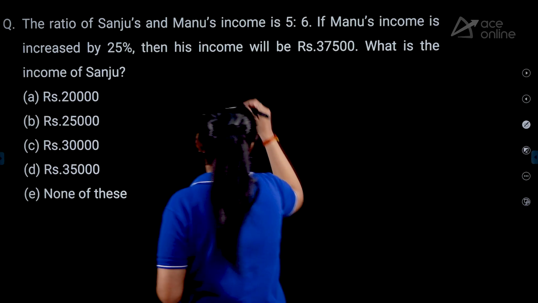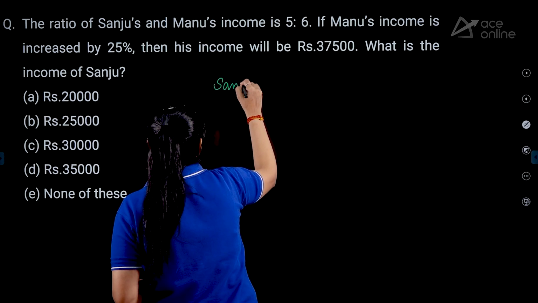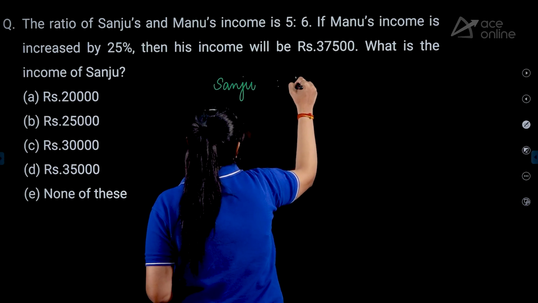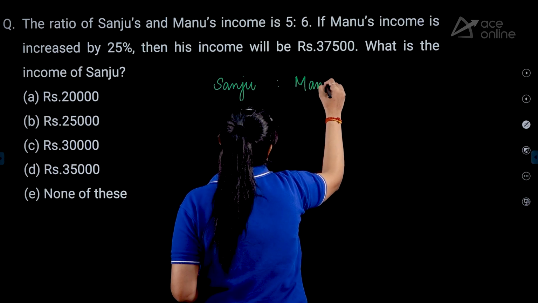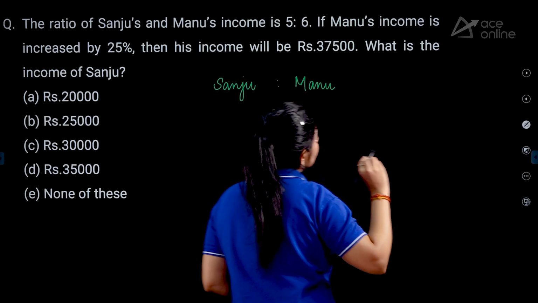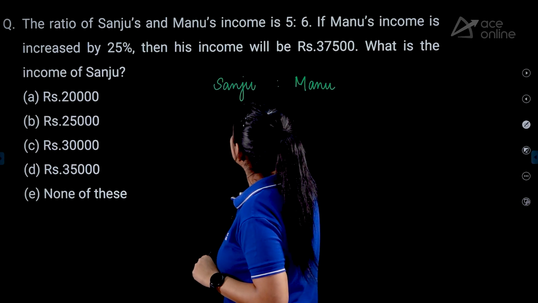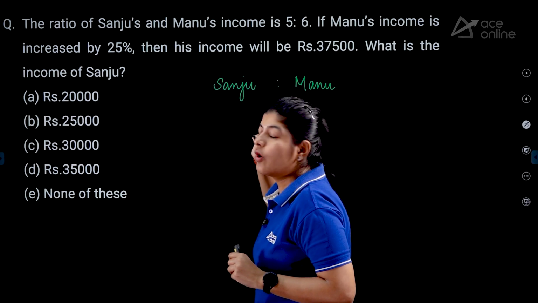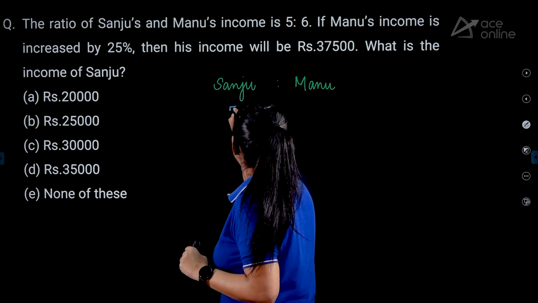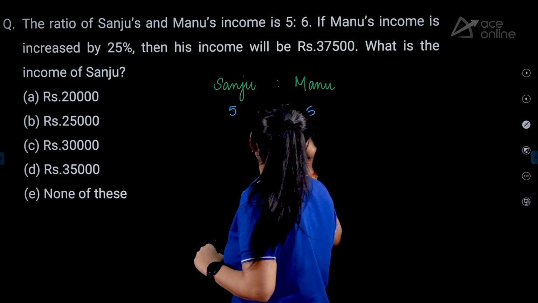Here we are having two persons, Sanju and Manu, right? So here the question says that the income ratio of Sanju and Manu is 5:6, right?